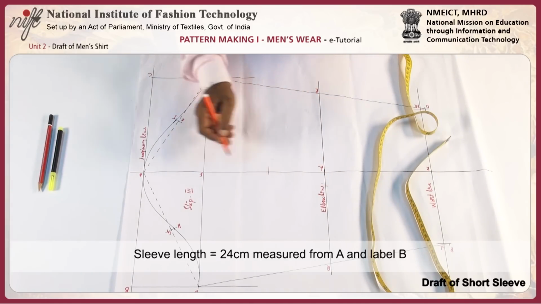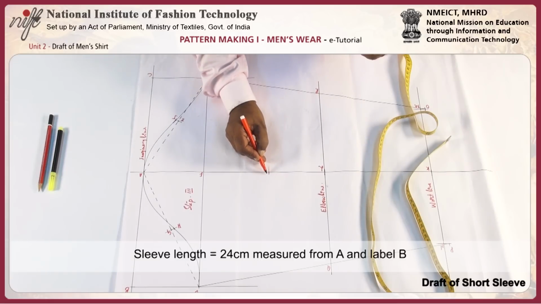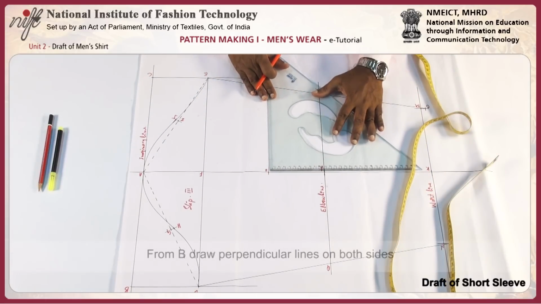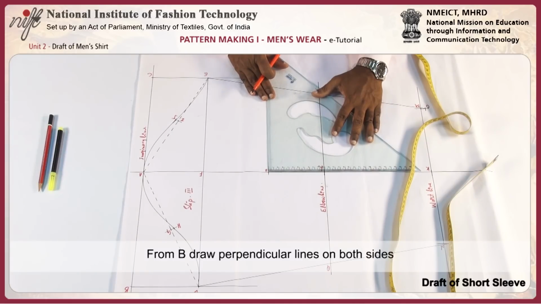This can be for the short sleeve. You can label this B. From B, square out or draw a perpendicular line on both sides.